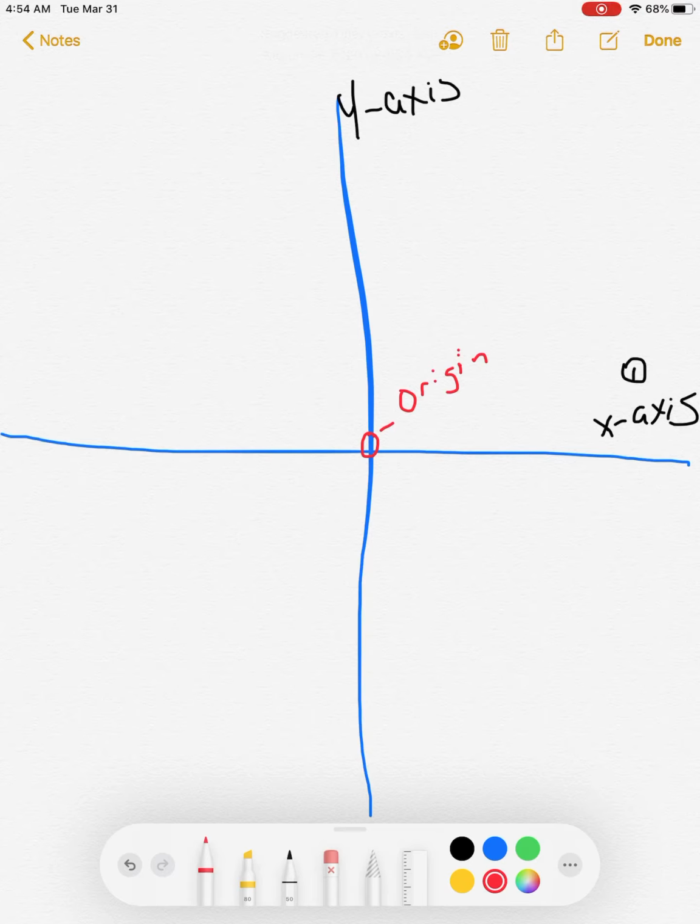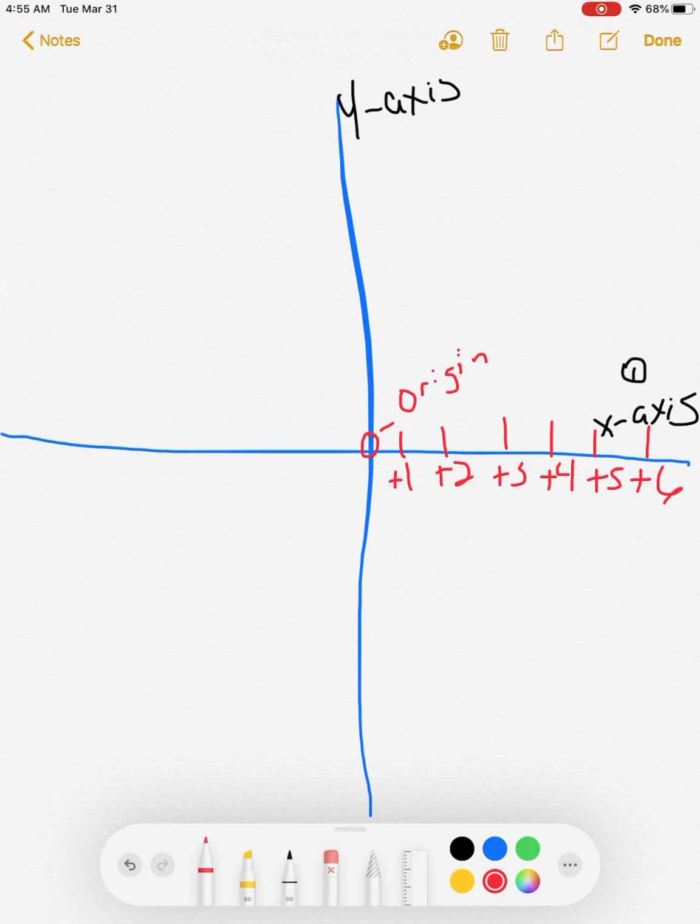So let's think about it as the east and west number line. I can use red. On this side of the 0 would be positive 1, then positive 2, positive 3, positive 4, positive 5, positive 6. That's the positive side on the east and west number line.